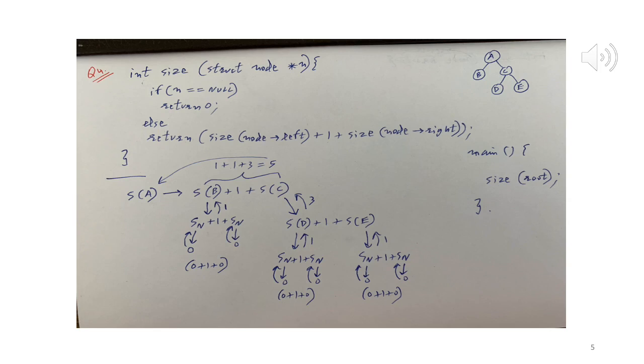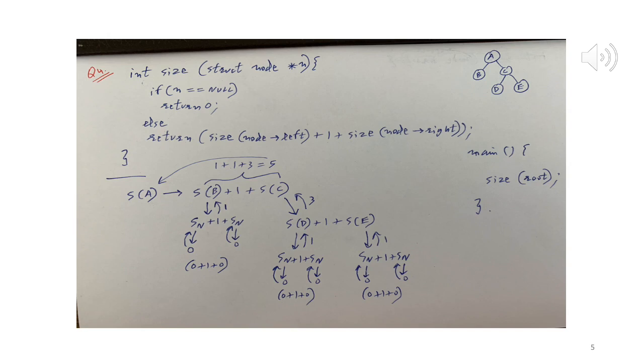So you have a struct node, and within curly brackets, char data; struct node star left; struct node star right; and then you close the structure definition. So now n is a pointer to A.